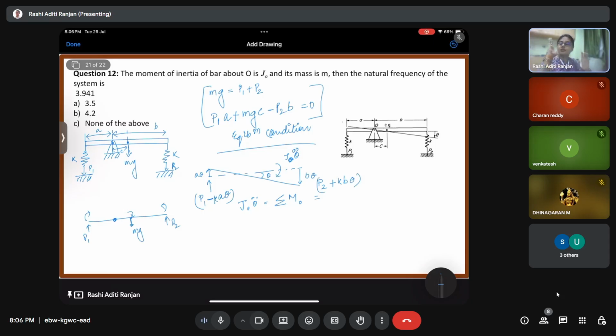Okay, so these are the forces that are going to act, and mg is always going to act in the downward direction. Now, if I evaluate the moments, what is it going to be?